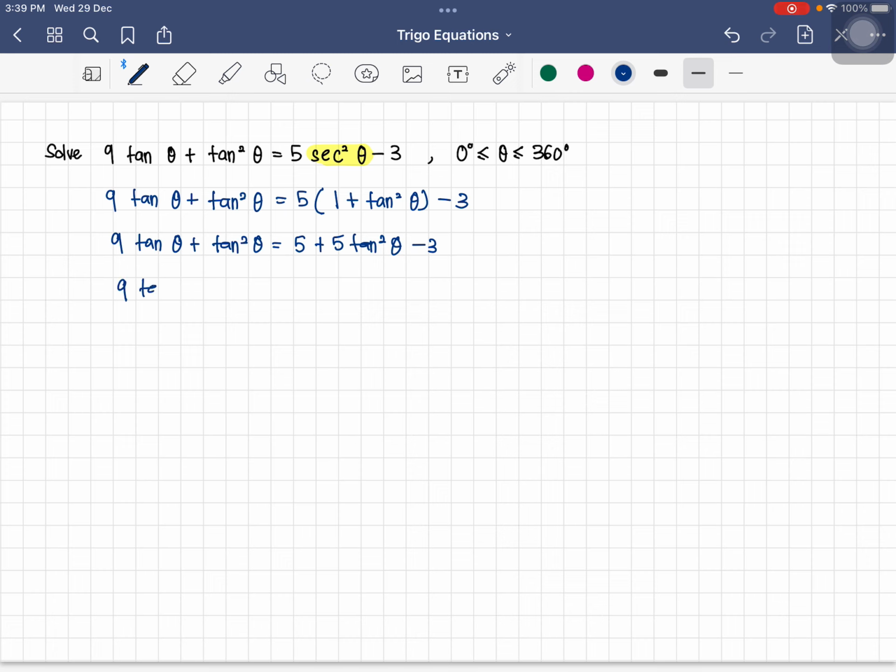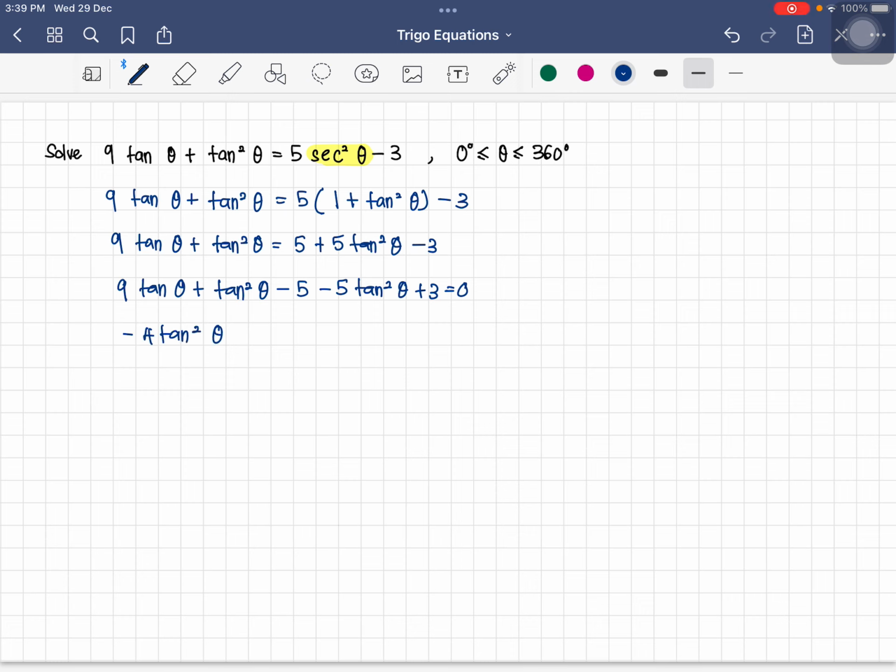Suppose I bring everything to the left side, therefore I have 9 tangent theta plus tangent square theta minus 5 tangent square theta plus 3, which is equal to 0. I need to simplify this one. So tangent square theta minus 5 tangent square theta will give me negative 4 tangent square theta.